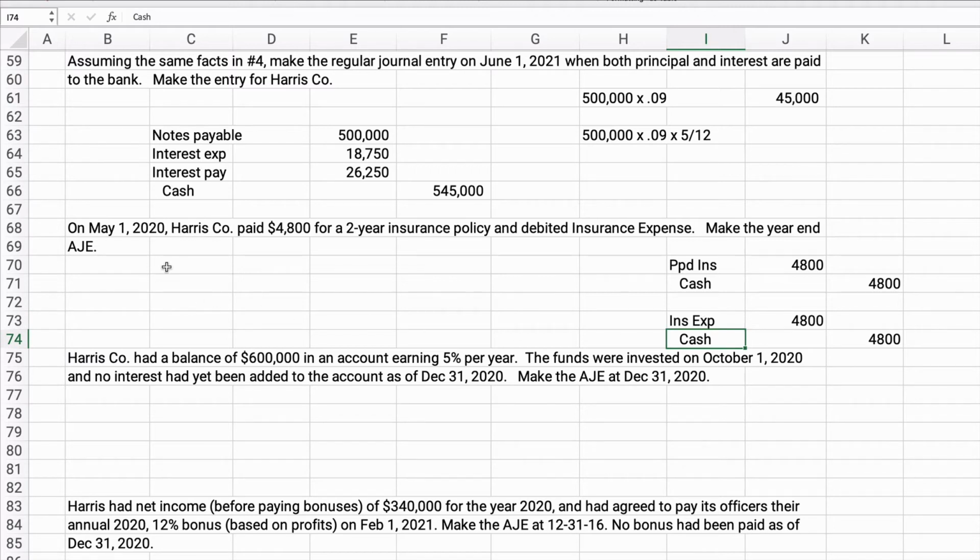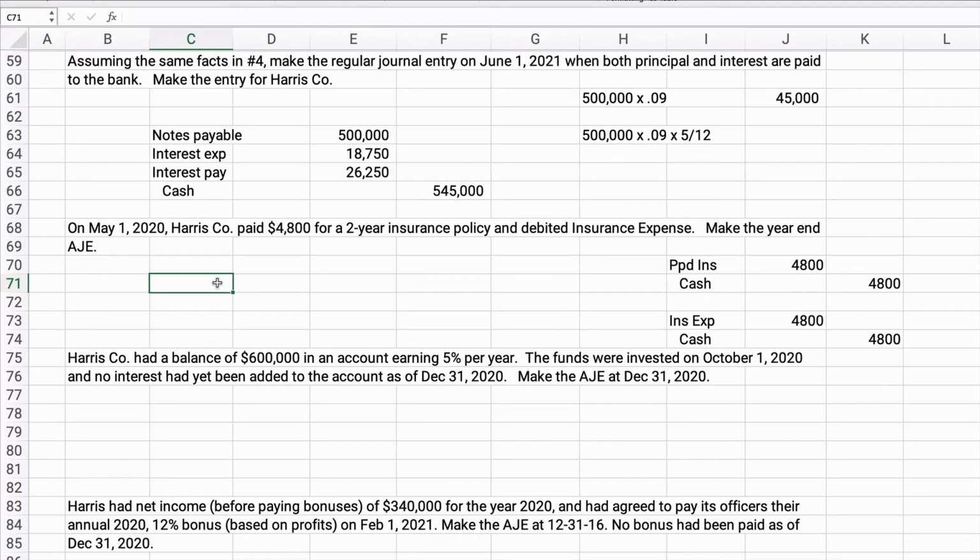All right, regardless of that original entry, we need to make an adjusting entry. So May 1st to December 31st, we need to show how much insurance expense we have, how much prepaid insurance that we have. We can do this for a month. $4,800 divided by 24 months, that's $200 a month.